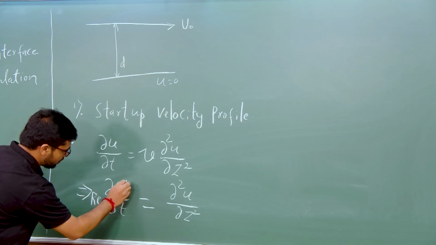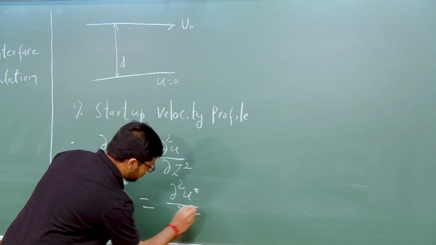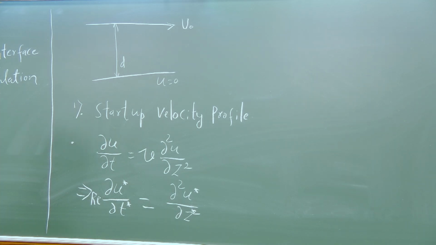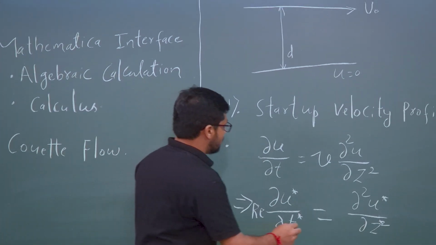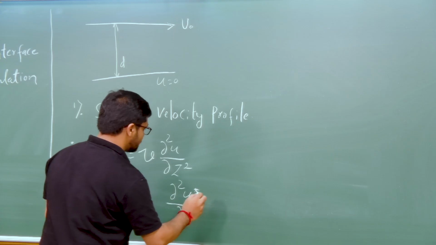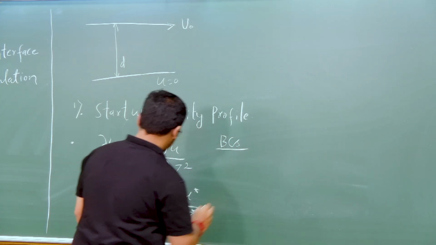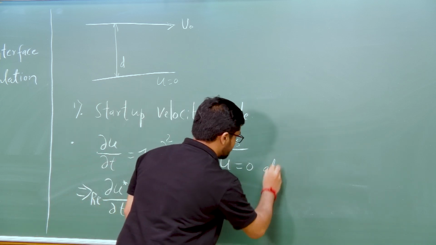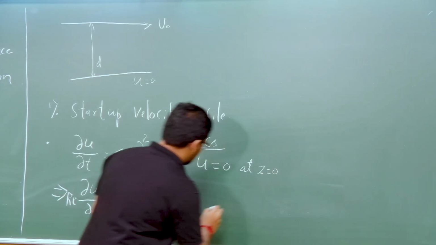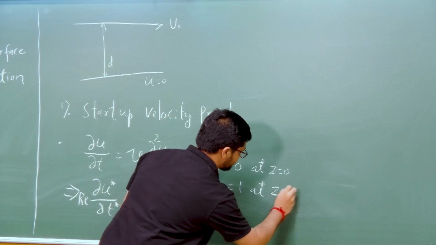Let me mark it with a star for now, but further on I will remove the star and use it directly. So, we are trying to solve this equation subject to the boundary conditions in dimensionless form. The boundary conditions will come as u equal to 0 at z equal to 0 and u equal to 1 at z equal to 1.